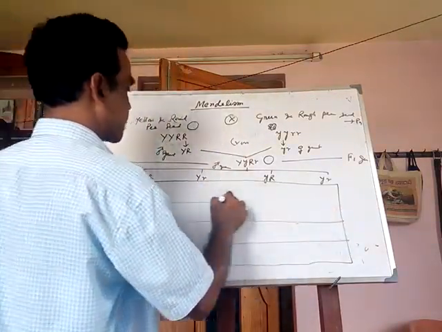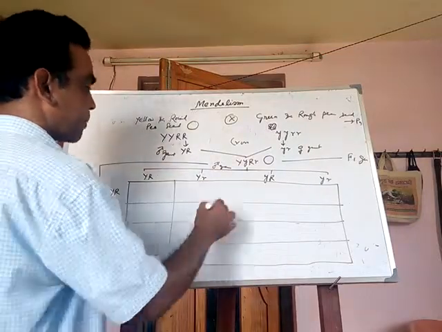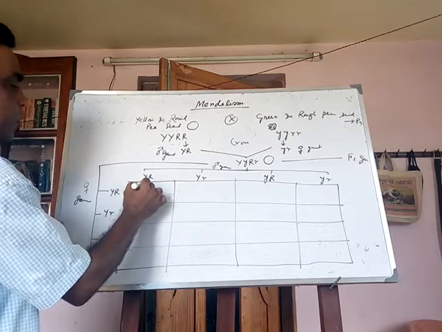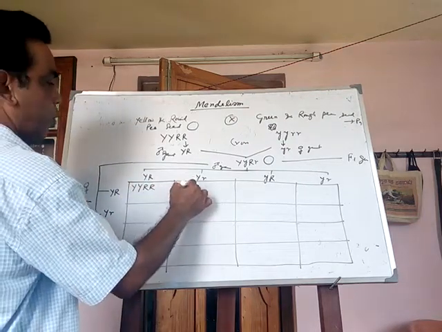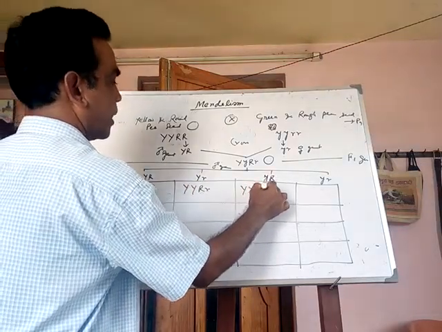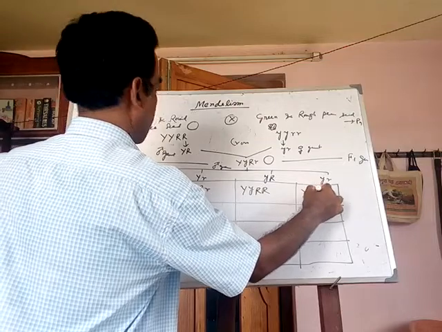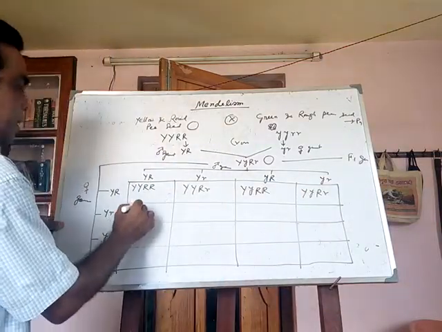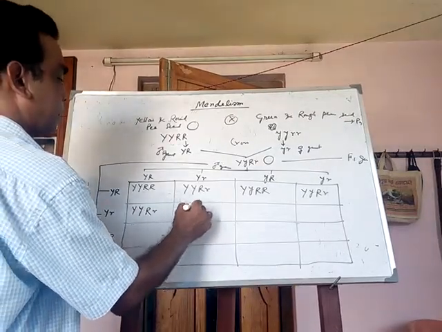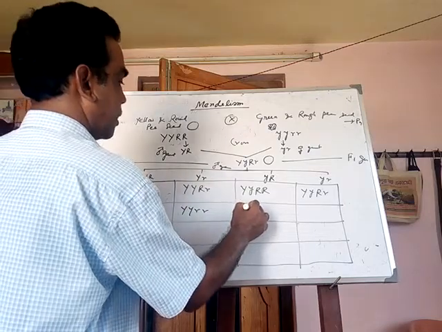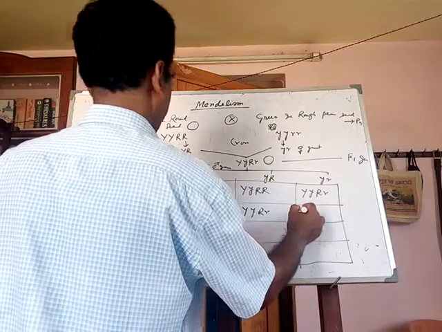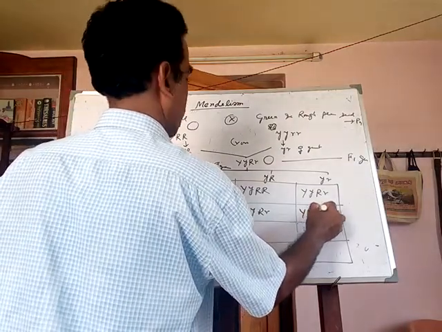here we take the Punnett square of Mendel's experiment, that is capital Y capital Y capital R capital R, capital Y capital Y capital R small r, capital Y small y capital R capital R, capital Y small y capital R small r. That is capital Y capital Y capital R small r, capital Y capital Y small r small r, capital Y small y capital R small r, capital Y small y small r small r.